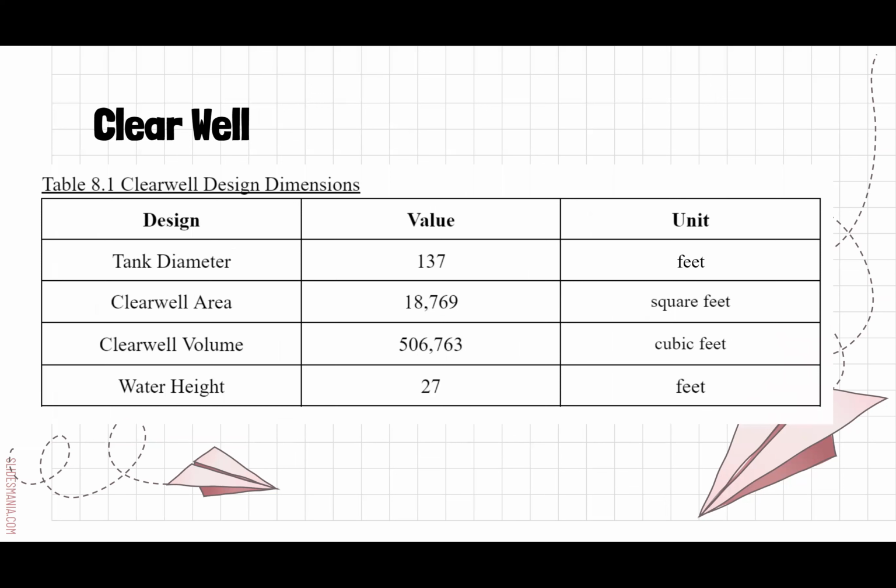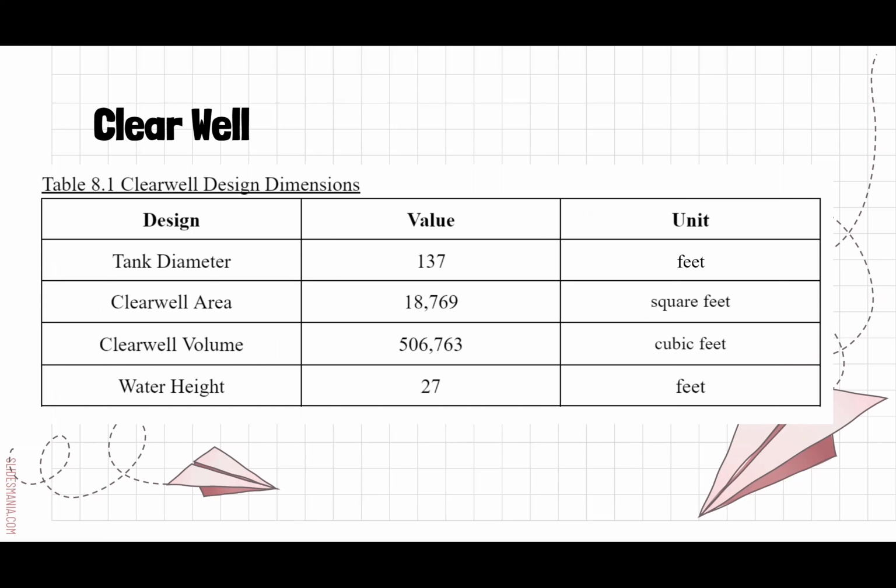Hey, thanks, Jamie. So for the clear well, it's just where the storage tank facility is, where the treated water will be placed after the filtration and disinfection process. For our design, it will consist of 2 circular steel storage tanks with a detention time of 12 hours.